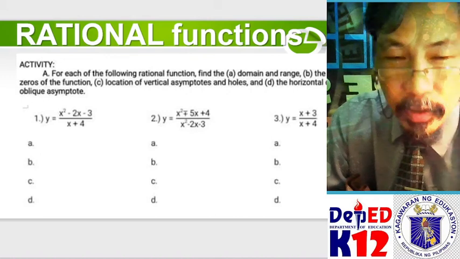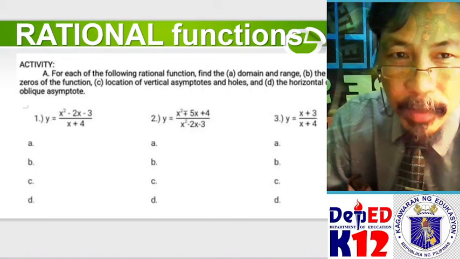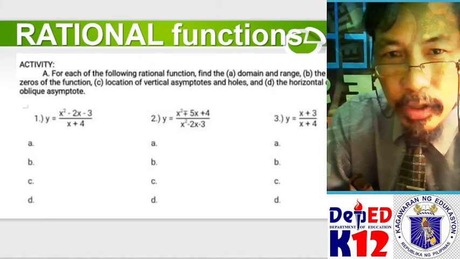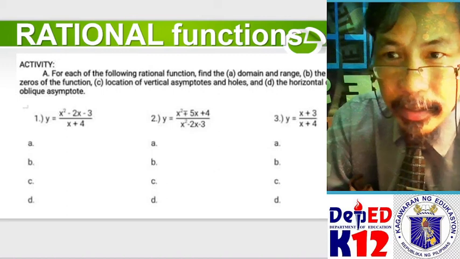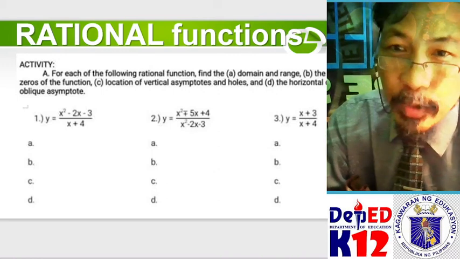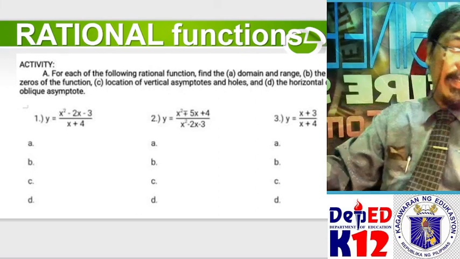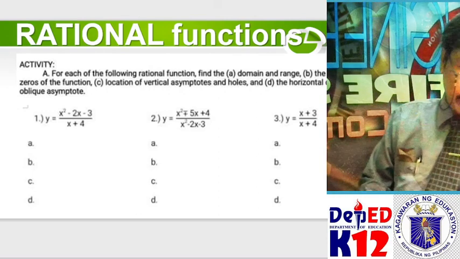If the function becomes 0, then the value of x that would make that function become 0 is our zero of the function.